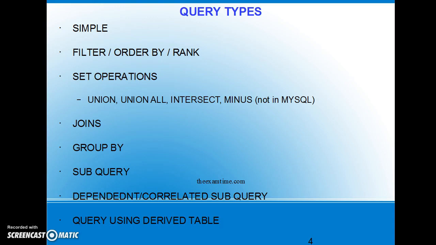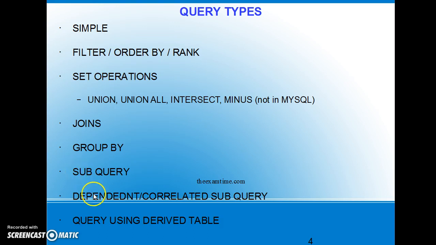At that time, you have to select from employee where department ID in, and you write a subquery: select department ID from department table where location is equal to China. So you will get all the departments in the subquery and give them to the main query. So that is called a subquery.